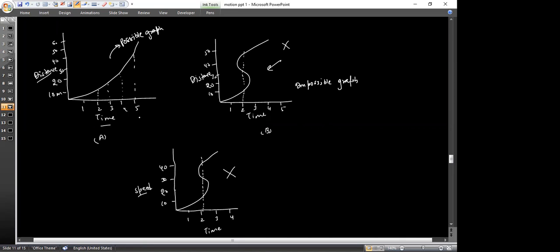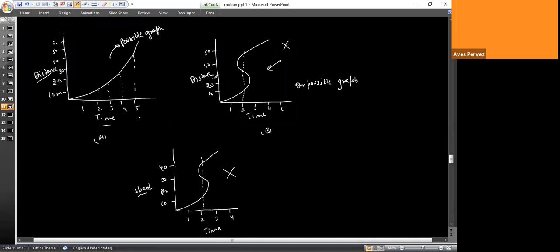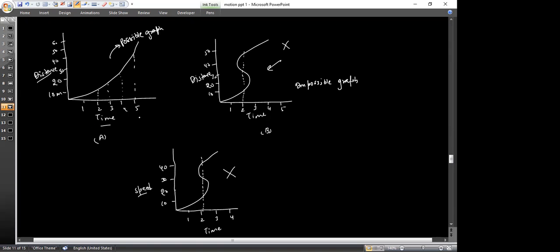Say a person covers 3 meters to point A, and then he covers 7 meters to point B, and then he covers 3 meters again to point C. So what's the displacement? I can add them up to 13 as the total distance, but what is the displacement?